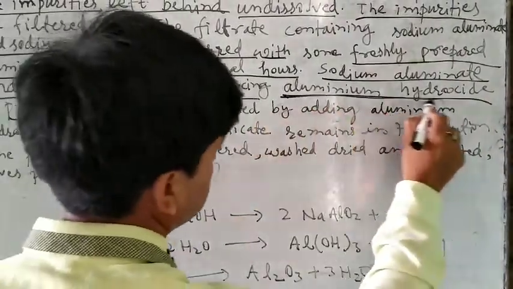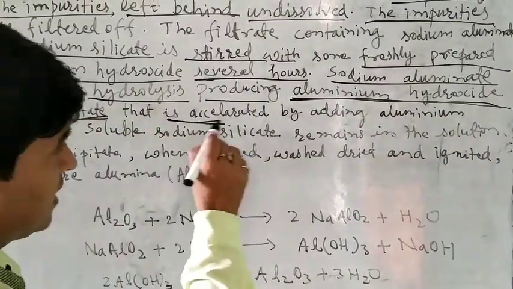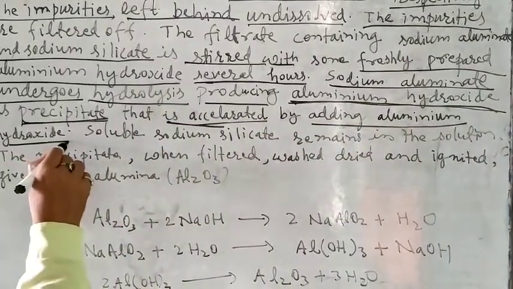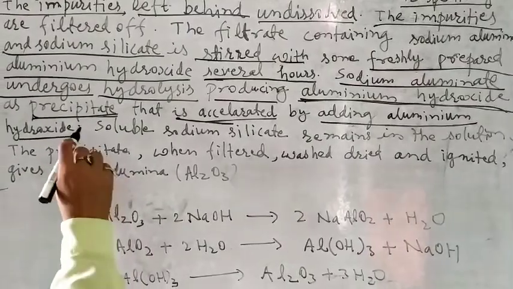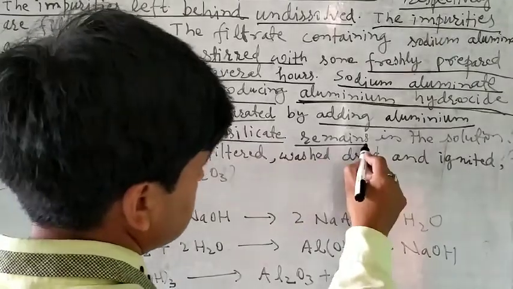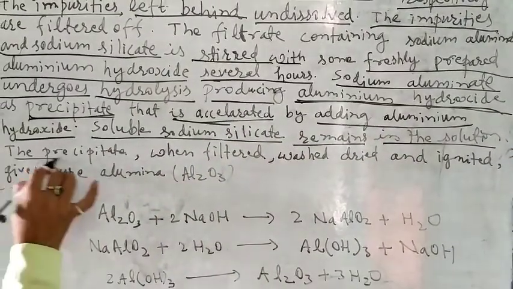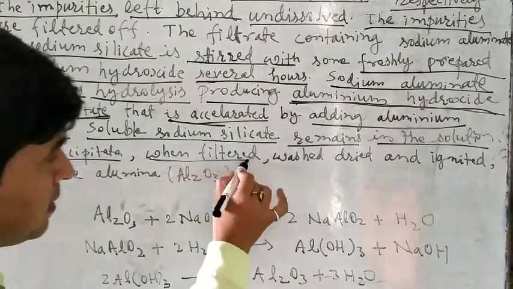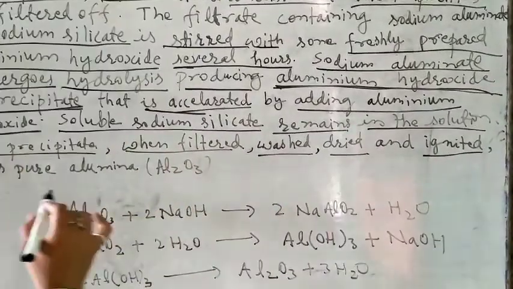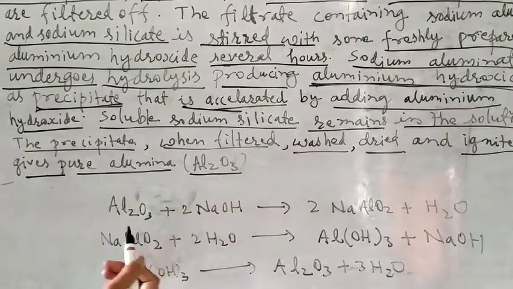This is accelerated by adding aluminium hydroxide in a very small amount. Soluble sodium silicate remains in the solution. The precipitate, when filtered, washed, dried and ignited, gives pure alumina, Al2O3.